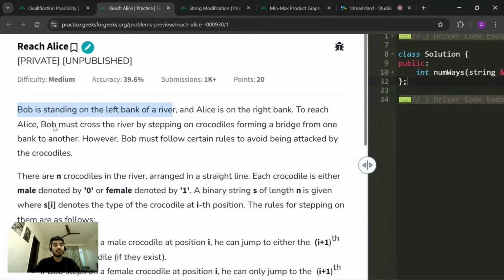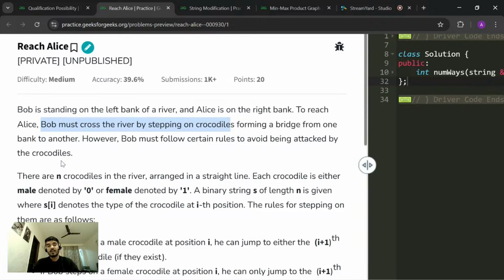To reach Alice, Bob must cross the river by stepping on crocodiles, forming a bridge from one bank to another, from left to right. However, Bob must follow a certain rule to avoid being attacked by the crocodiles.